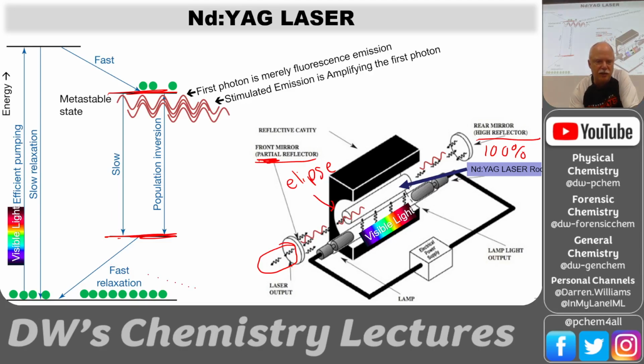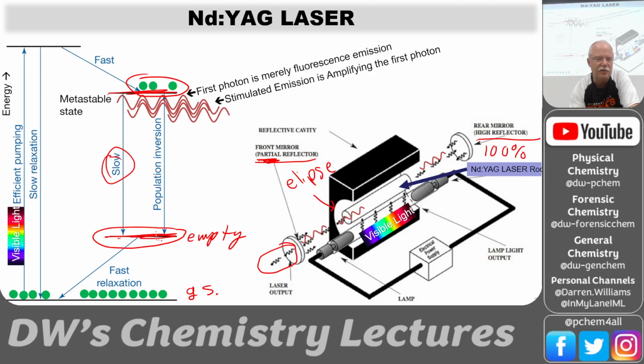This is the ground state down here, and it's super hard to get a population inversion against the ground state, but it's super easy to get a population inversion against a state that's close to the ground state. Like this one is normally empty. So if I pump atoms up here to this metastable state, then they kind of get stuck for a little bit. It's got a long lifetime. And then it's in a huge population inversion against this empty state. And so it's ready to lase, and put it between a resonant cavity and nature takes over.